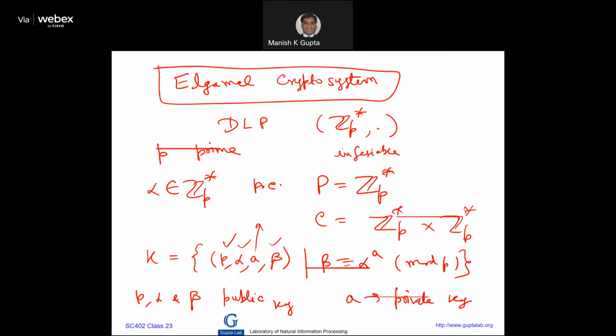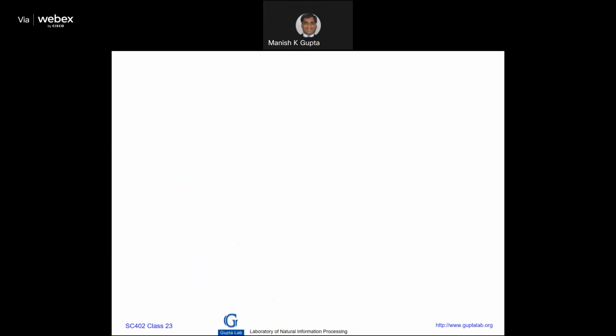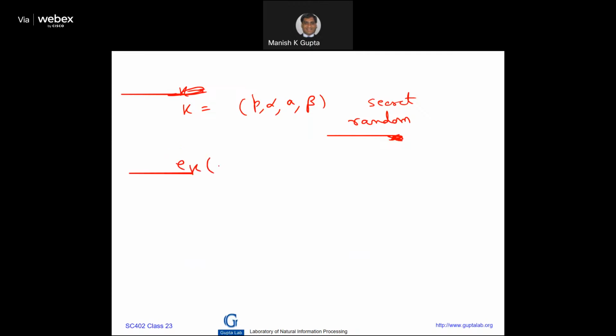Now, for a particular key K equal to (p, alpha, a, beta), and for a secret random number k, encryption of x with key K is (y1, y2).